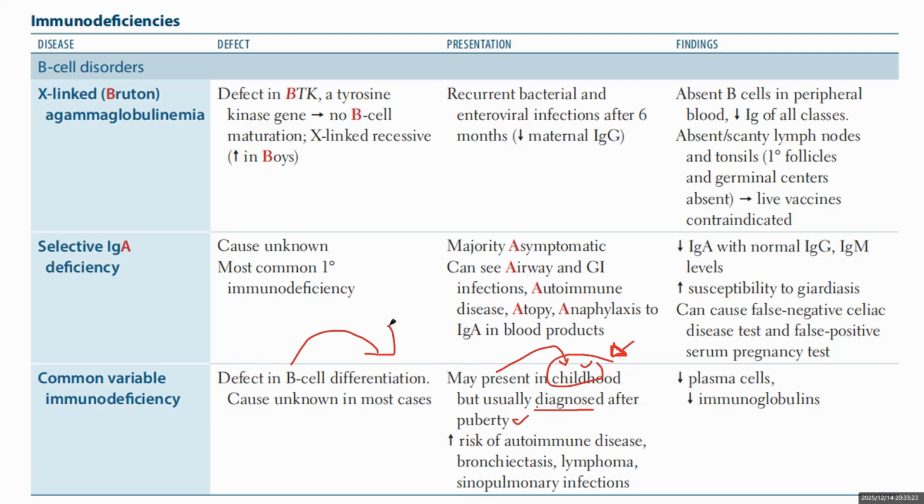Remember that immunoglobulins, especially IgG, are low, right? The patients get recurrent sinopulmonary infections, as we have discussed before: sinusitis, pneumonia, bronchitis, and many other conditions as well. And repeated infections over time lead to bronchiectasis.